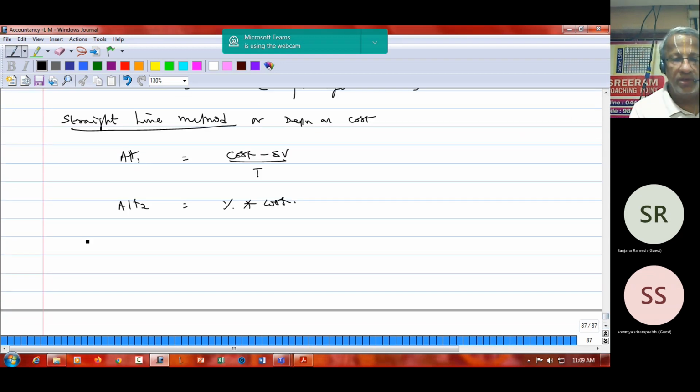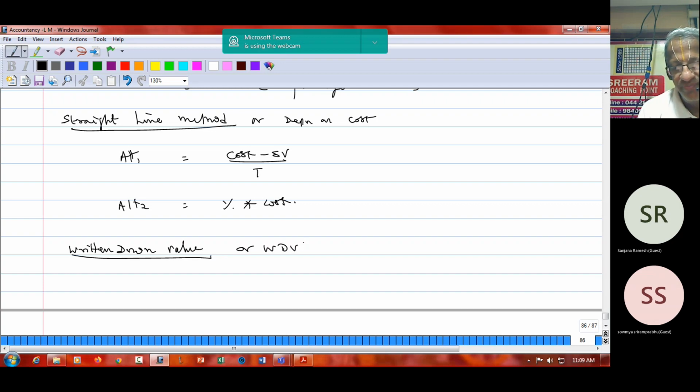Okay. Then this is one of the most popular methods, I would say. Return on value method, or popularly known as WDV. But WDV by itself has a different name, reducing balance method. On what basis, or do you have any formula for that?